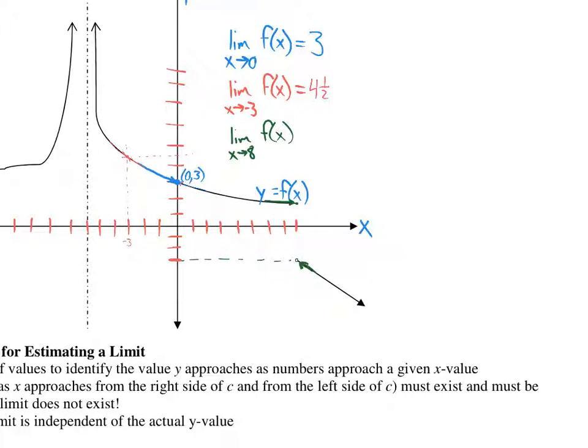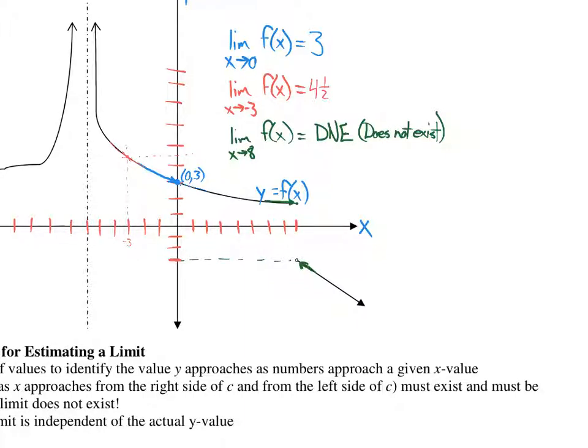Because we're approaching different values, we would say that the limit does not exist. We could just write DNE, does not exist. And again, the reason is because we're approaching different values from the left and the right. So that's one special case.